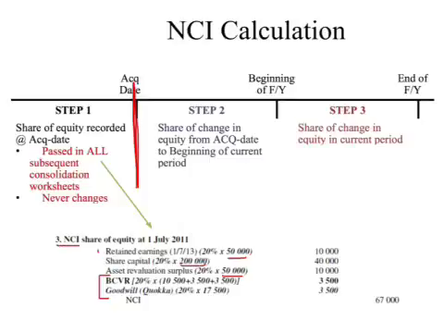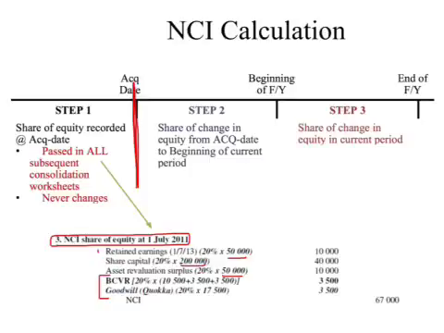Now this entry, the NCI share of equity at acquisition date, is drawn up once and then never adjusted again. So in all subsequent consolidation worksheets, as long as the group structure looks the way it is currently, this entry will be passed, as opposed to the parent pre-acquisition equity entry that is adjusted for any consolidation entries that affect pre-acquisition equity. So can you see the difference there?